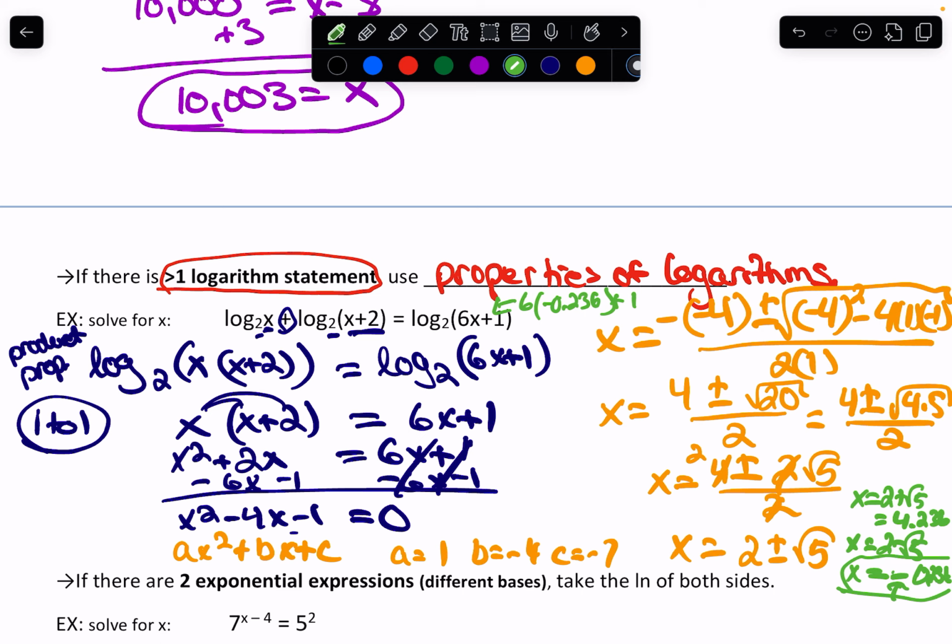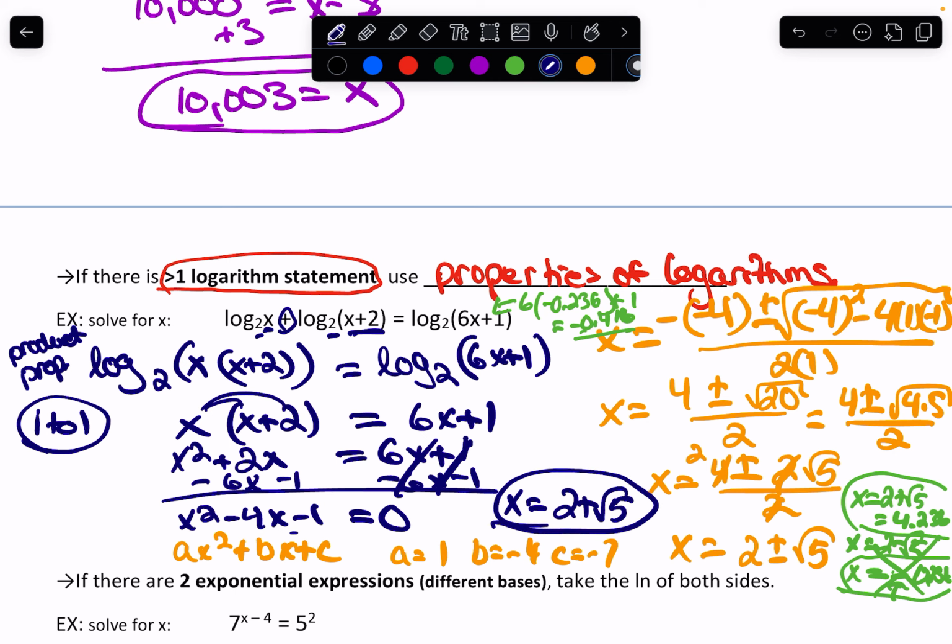It would be a negative 0.1416. So we can't use this value because it's going to give us a negative argument, and that's not possible. So our only answer here is going to be the positive. So x equals 2 plus square root of 5. So you need to make sure that you go back and check that it actually works.